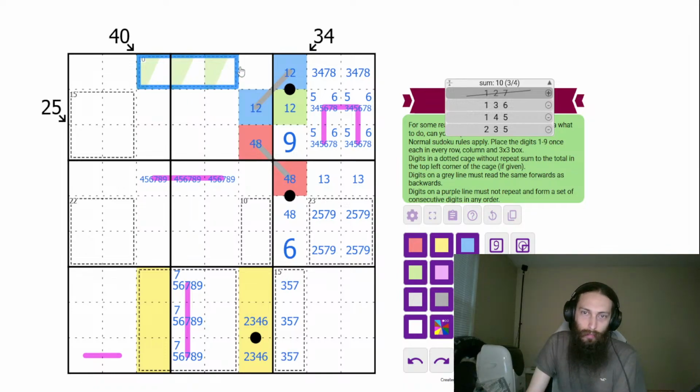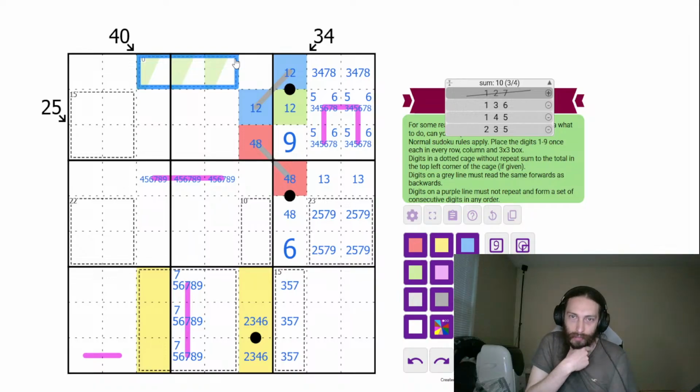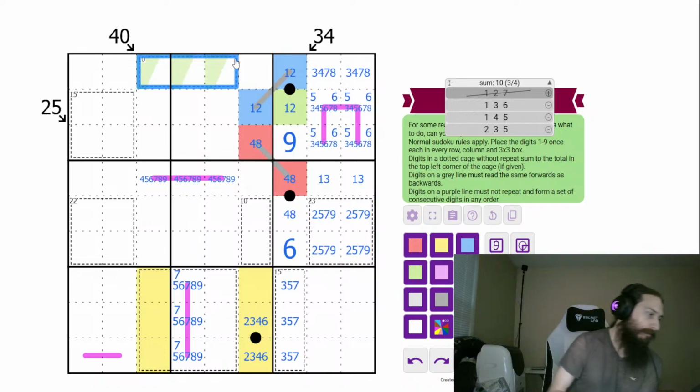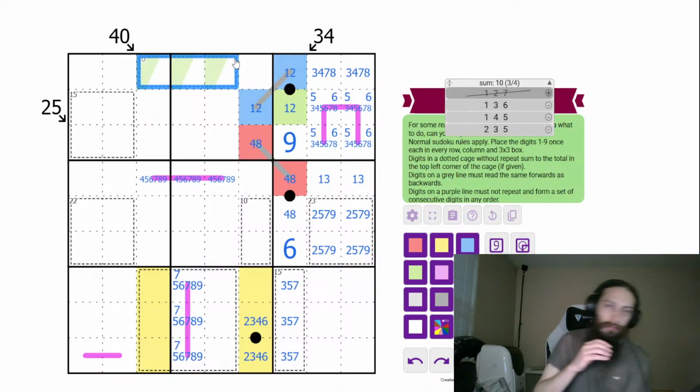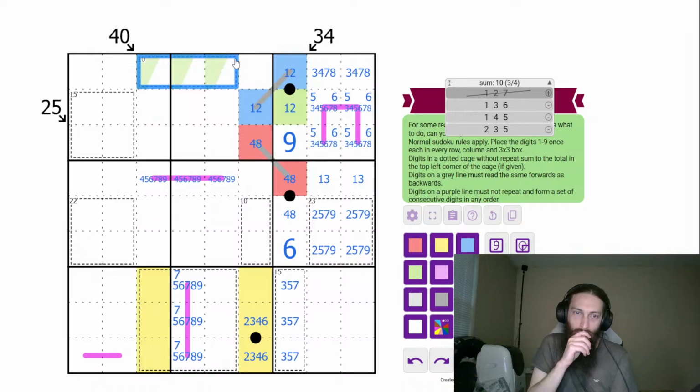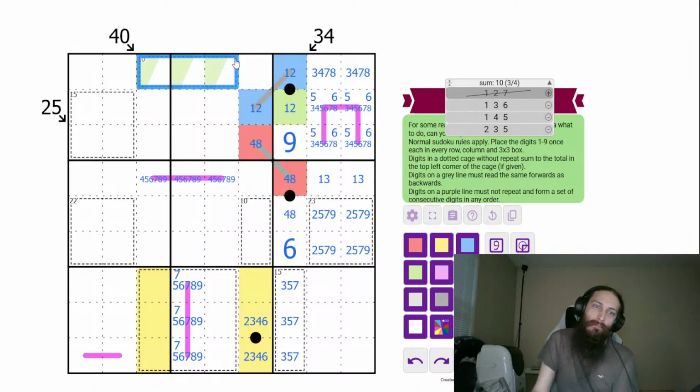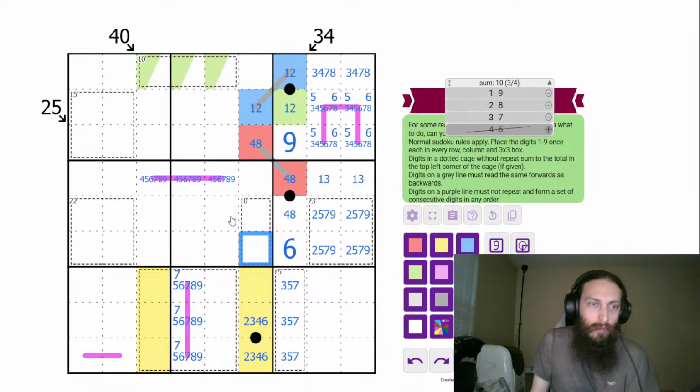This has to have 1 or 2 in it, which means either 3, 6, or 4, 5, or it's 2 with 3 and 5. I don't know. I do not know yet.